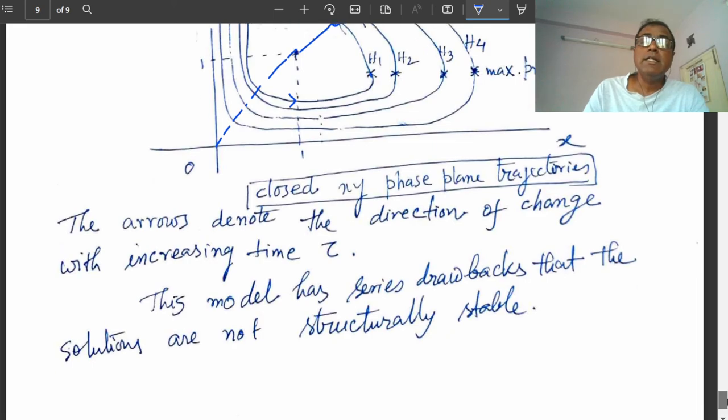This model has the drawback that the solutions are not structurally stable.